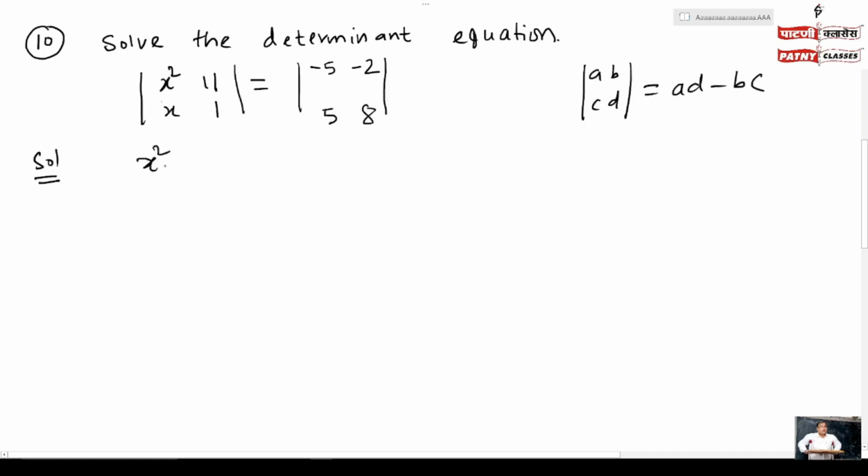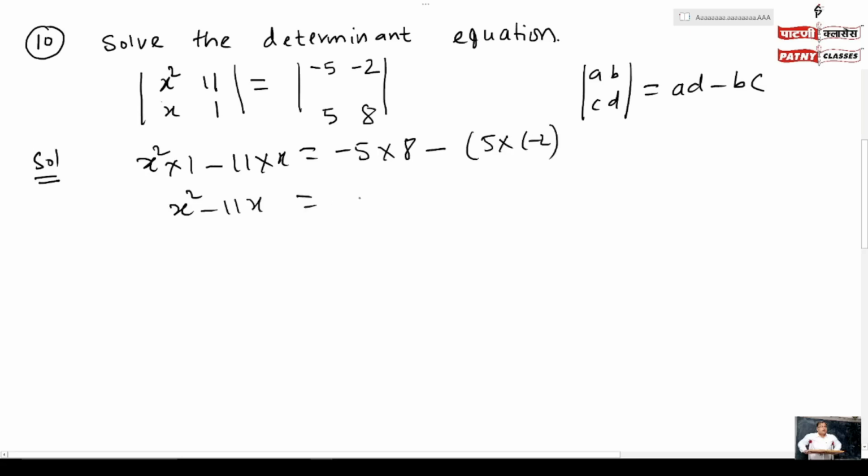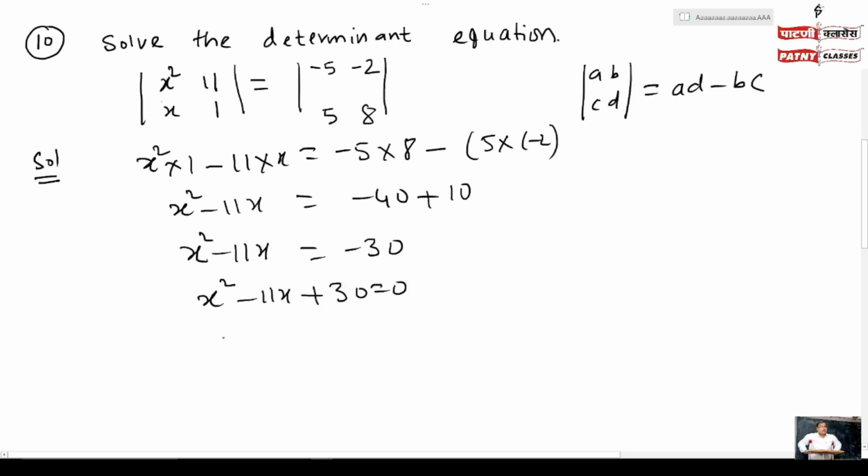So x square into 1 minus 11 into x equals minus 5 into 8 minus 5 into minus 2. So x square minus 11x equals minus 40 plus 10, x square minus 11x equals minus 30, x square minus 11x plus 30 equals 0.